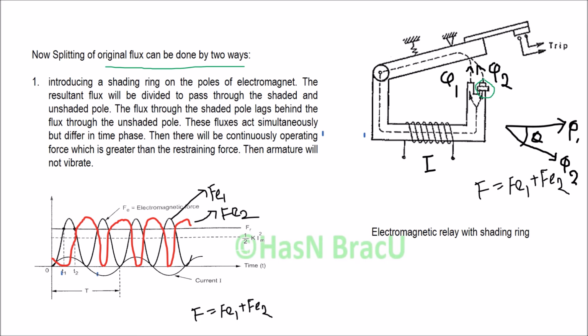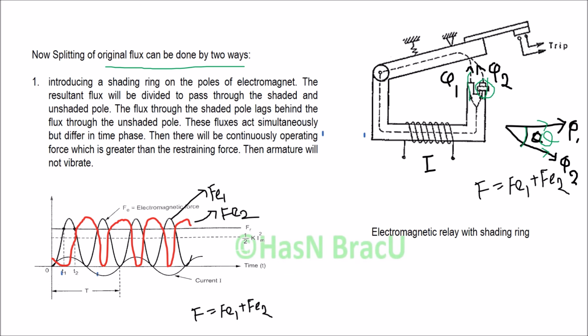Here the resultant flux will be divided to pass through the shading and unshading pole. The flux through the shading pole, which is phi2, lags the flux of unshading pole, which is phi1, by an angle theta.